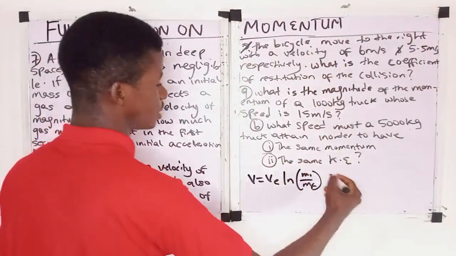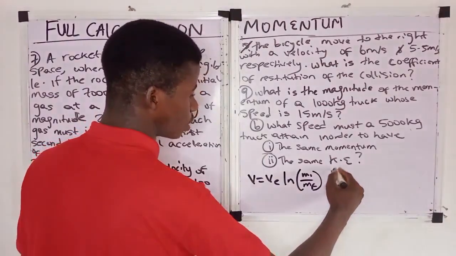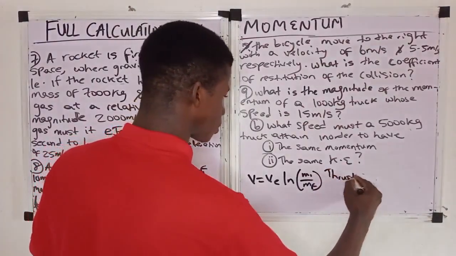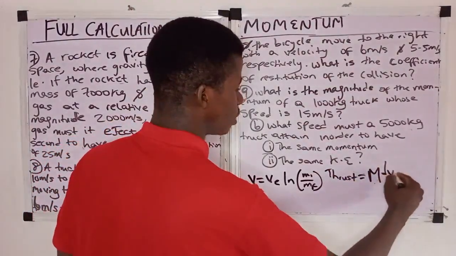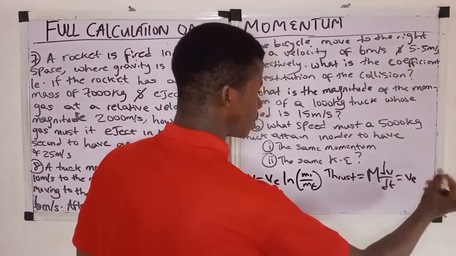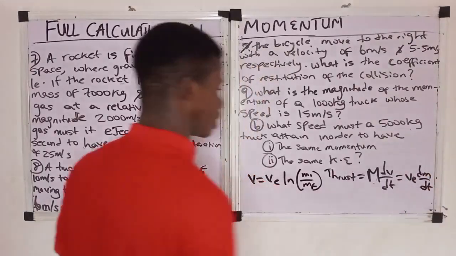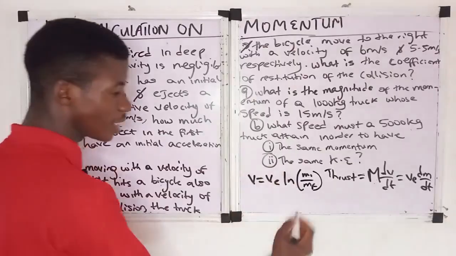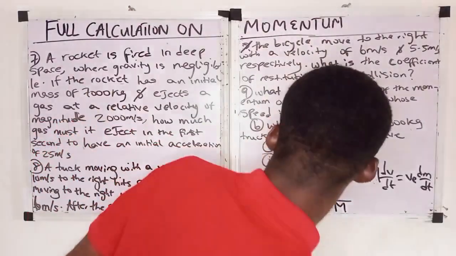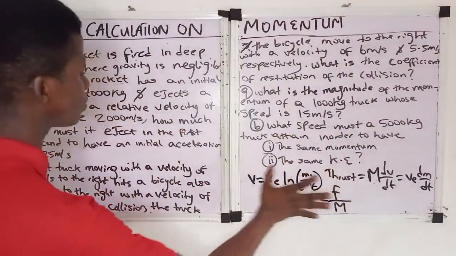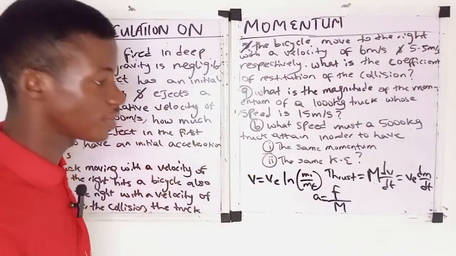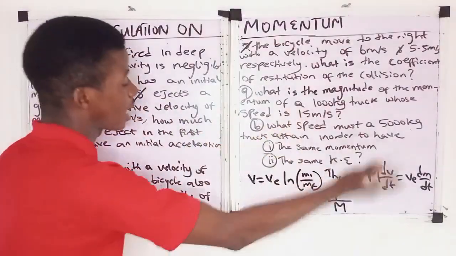Another one is thrust, which is m dv over dt, which is still equals to ejection velocity times dm over dt. Another one, acceleration is equals to force, which is thrust, divided by total mass. So we can use any of these formulas depending on the question. You can go back to our previous class, you will see I explain all these things.